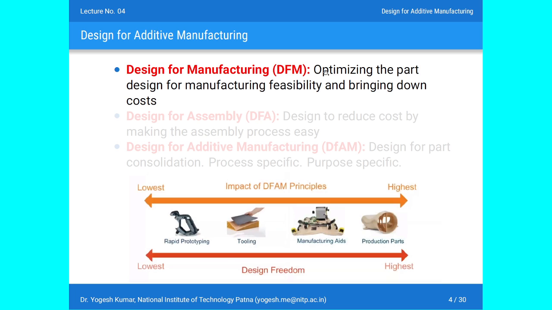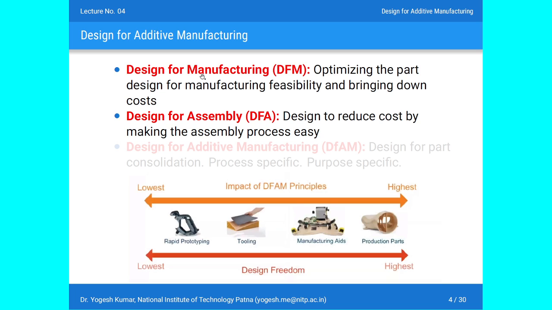They are already aware. In the DFM, we optimize the design of the part for manufacturing feasibility and bring down the cost. Under DFM, we apply optimization methods for manufacturing feasibility as well as to reduce the unit cost of your product.